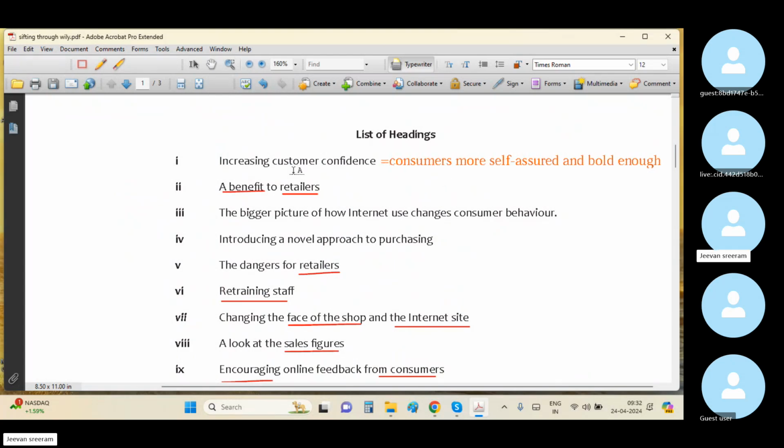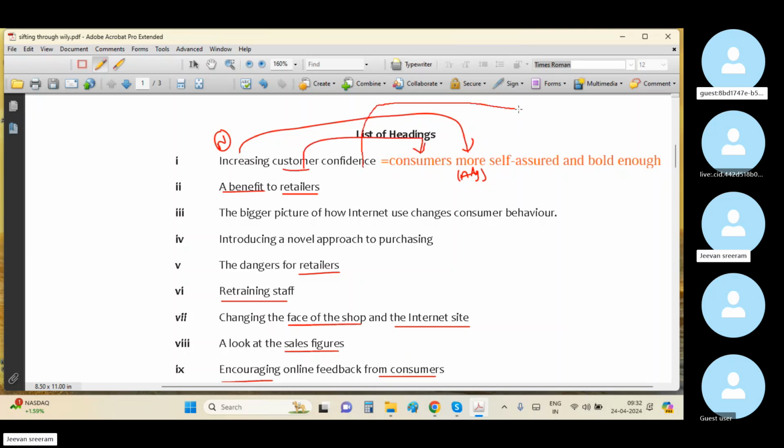Increasing customer confidence. Please observe. Increasing is equal to more. Increasing is actually a noun. More is an adjective. Equality. Customer, we have consumers. Confidence, we have self-assured and bold enough.